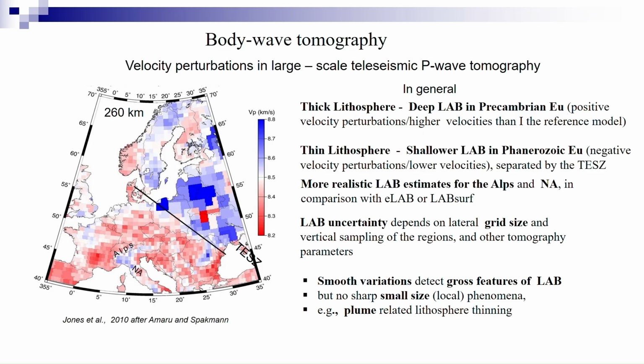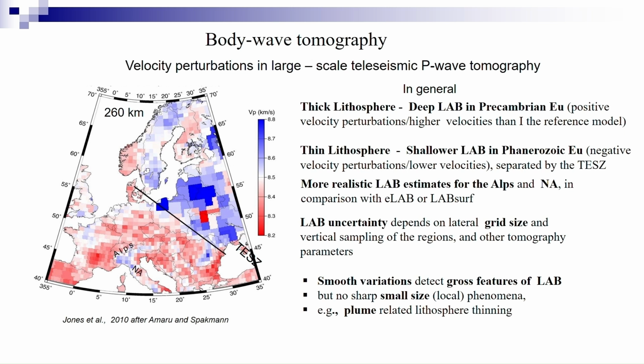In large-scale body wave tomography, the thick lithosphere appears as regions with positive velocity perturbation, that is, regions with velocities higher than that of the reference radial model of the Earth.